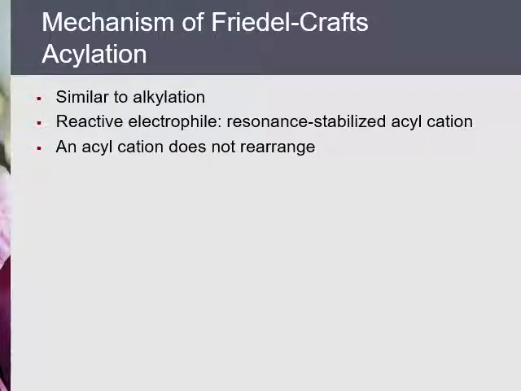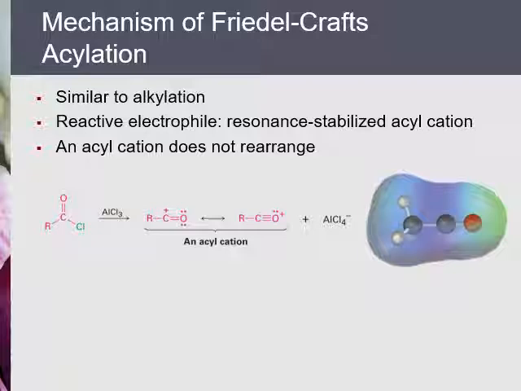The reaction mechanism is also similar to the alkylation reaction. First, the acid chloride is activated by aluminum chloride. Chlorine combines with aluminum chloride, the bond breaks, and forms an acyl cation. The acyl cation has two resonance forms.